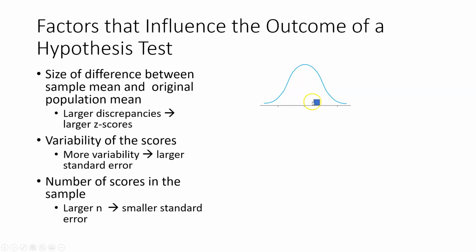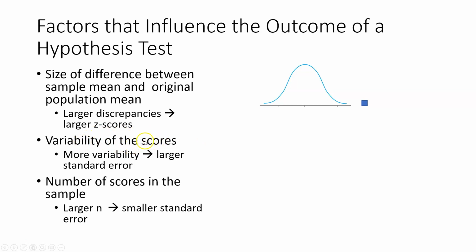That small discrepancy means that we will not be able to reject the null hypothesis. But if it's far out in the tail, then we can say that's so far away from the population mean that the treatment probably worked. It wouldn't be that high just by chance, would it? I mean, it could be every once in a while, but so rarely that this is probably not that time. This probably means the treatment worked.